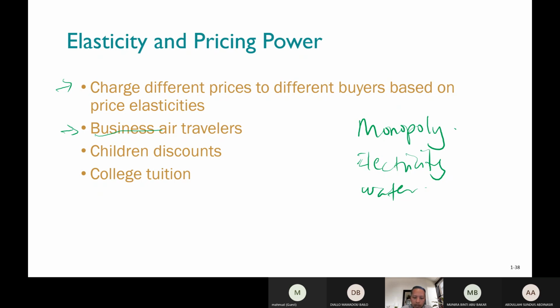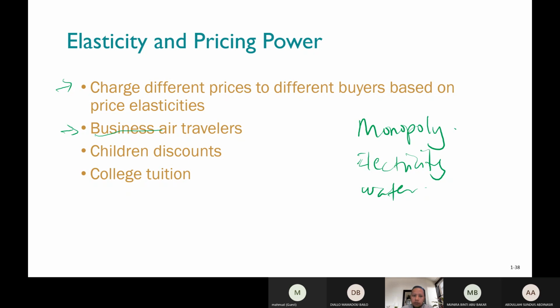So they can be easily charged more, right? But people who have families, for example, are usually more sensitive to price changes. So the airline companies will charge a lower price, especially for example for children. So then it is more elastic, to capture the customers in this aspect.